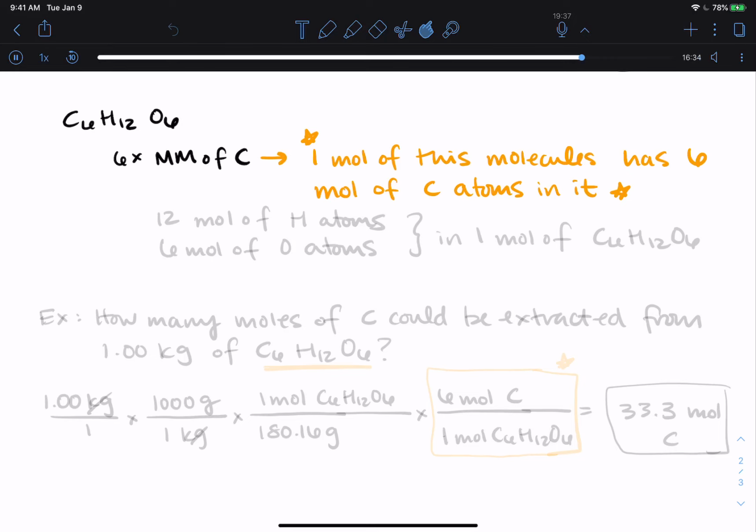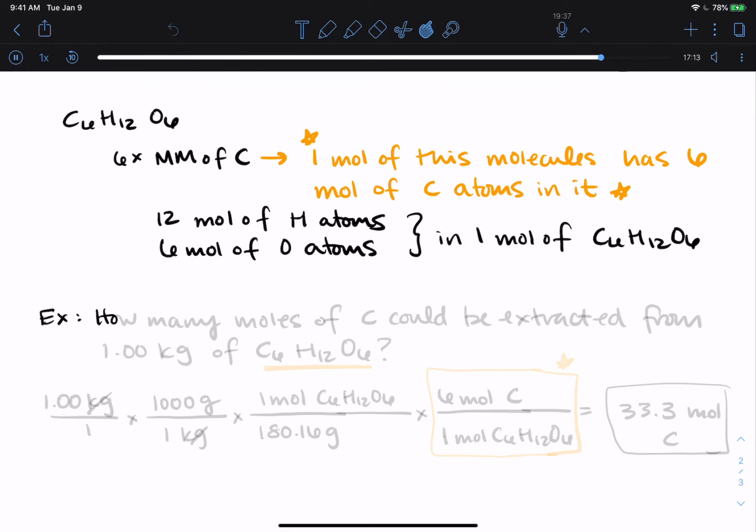So 6 moles of carbon in 1 mole of this molecule. That is true for every element that is in this molecule. So there are 12 moles of hydrogen atoms and 6 moles of oxygen atoms, all again in 1 mole of the entire molecule.